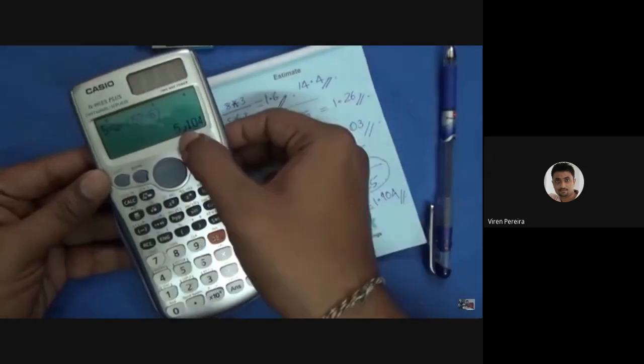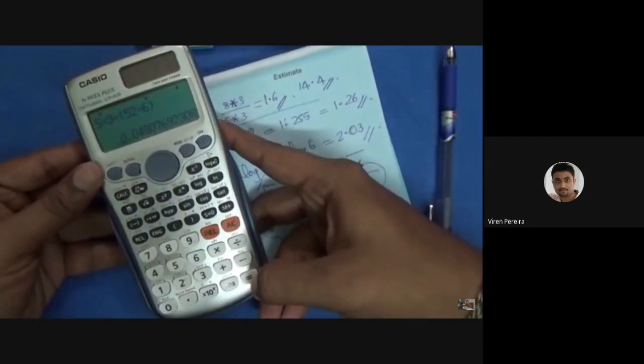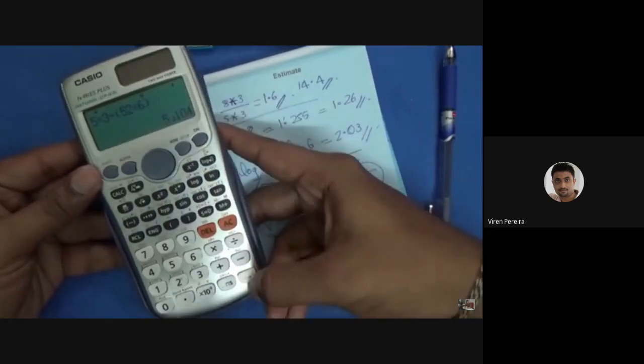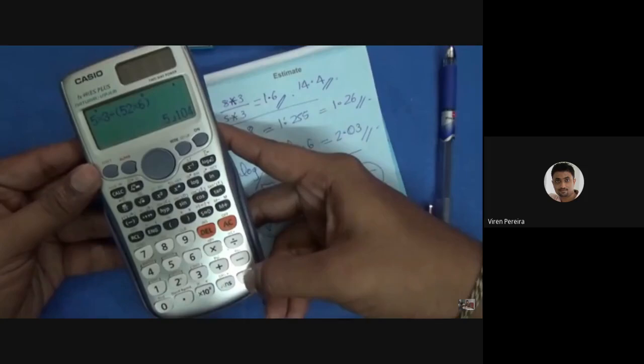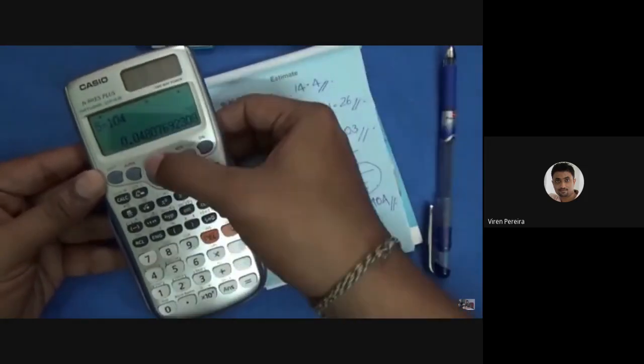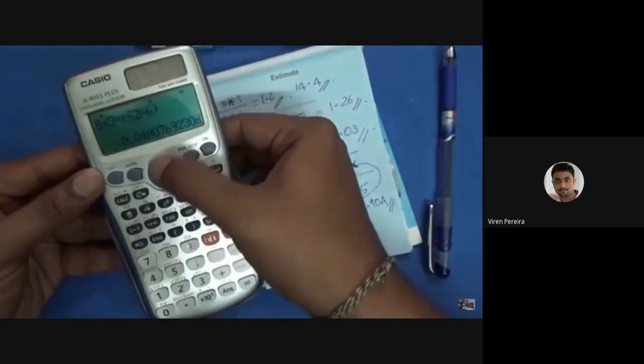So it will be 5 divided by 104, which is the same as 0.048. So it will give you the same answer, 5 divided by 104, which matches with this answer.